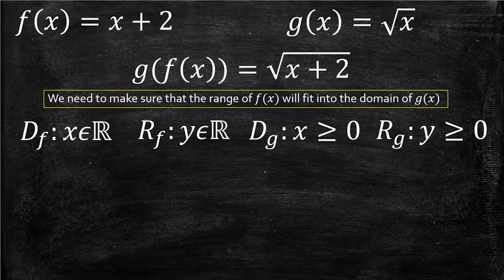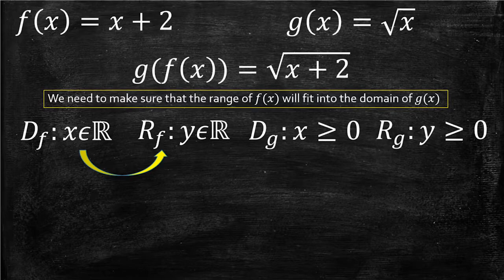So as it stands, the domain of f is x is an element of the real numbers, and the range of f is also the y belongs to the set of real numbers. With square root functions, we know that we can only square root positive values or 0, and that will output positive y values only.